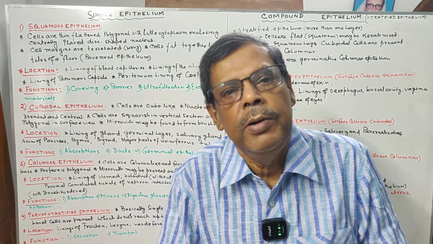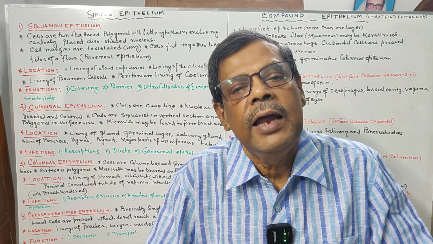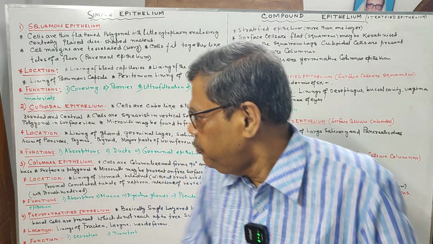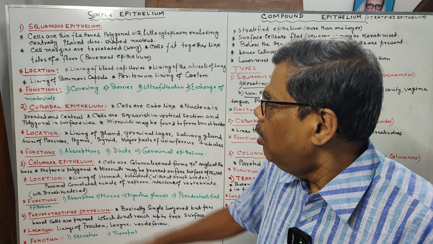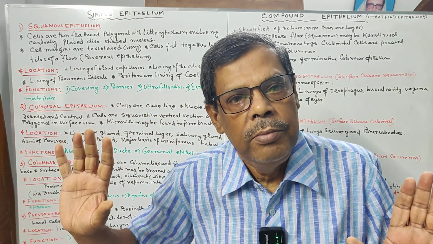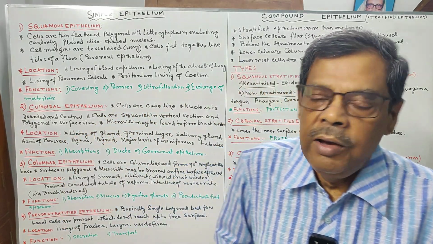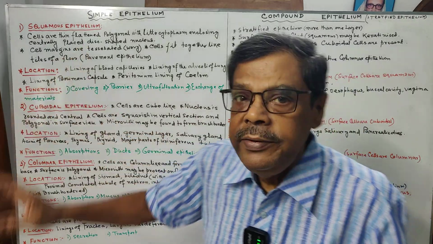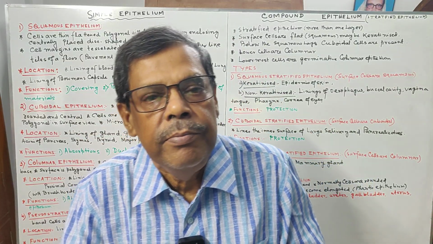It may also be divided into another type, the ciliated epithelium, which may be columnar or cuboidal. First, what is squamous epithelium?